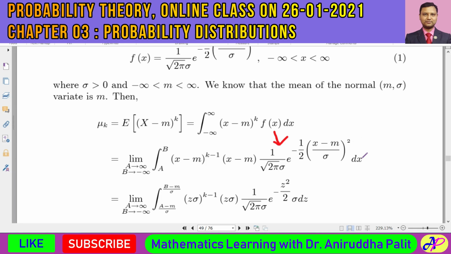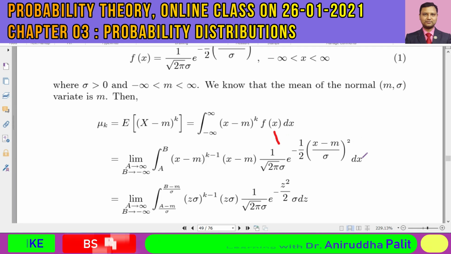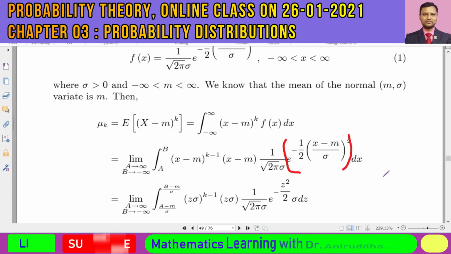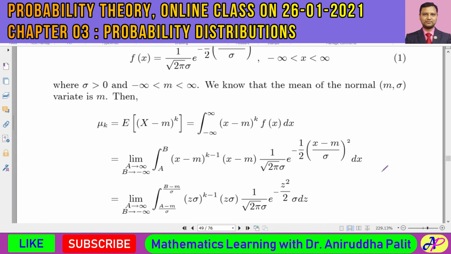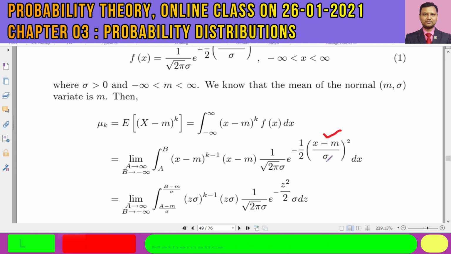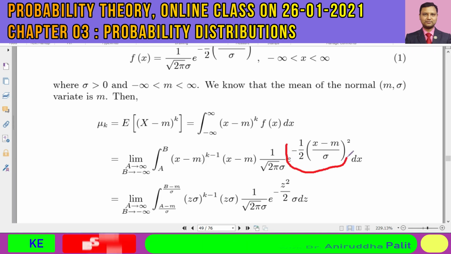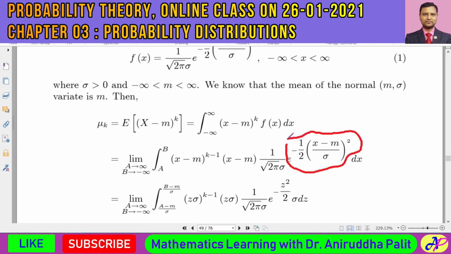You see over here, if you consider only the expression within this bracket, in that case you cannot directly integrate e to the power of minus half ((x minus m) by sigma) whole square.